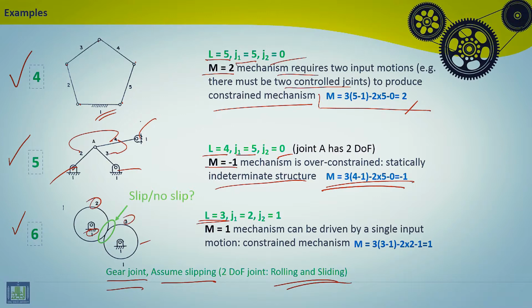So we have 2 lower pair joints. First one is the rotation here, and second one is rotation here. So between teeth, and this region between teeth, we have 1 higher pair. So M is equal 1. Mechanism can be driven by a single input motion, constrained mechanism.